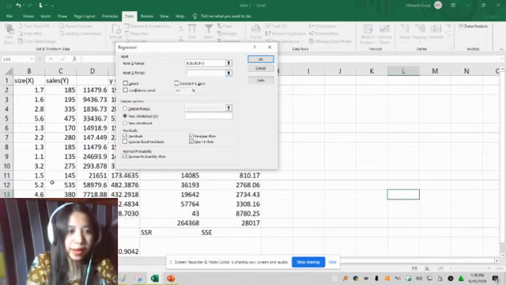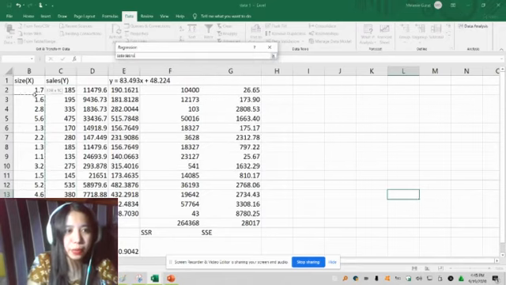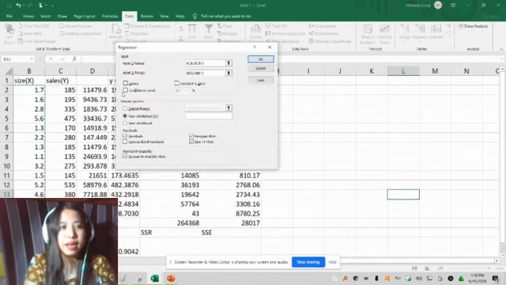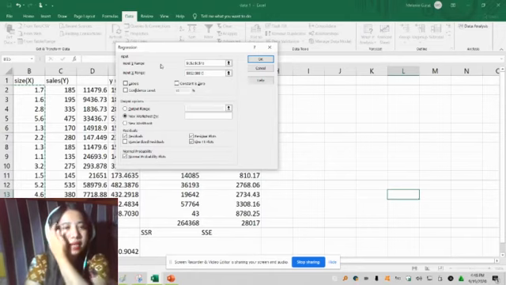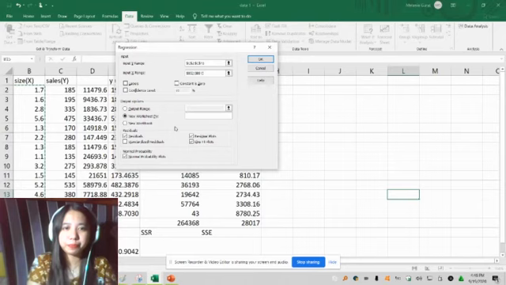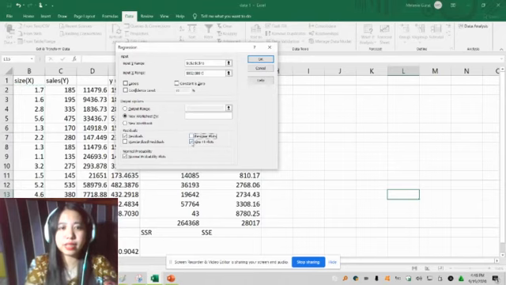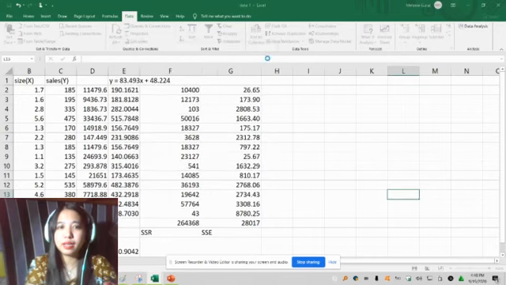Input Y is the Y, input X is the X. So we will just select this again. I did not select the row 1, so I don't need to place the labels. So we can just set it this way. So I uncheck this first and then click OK.